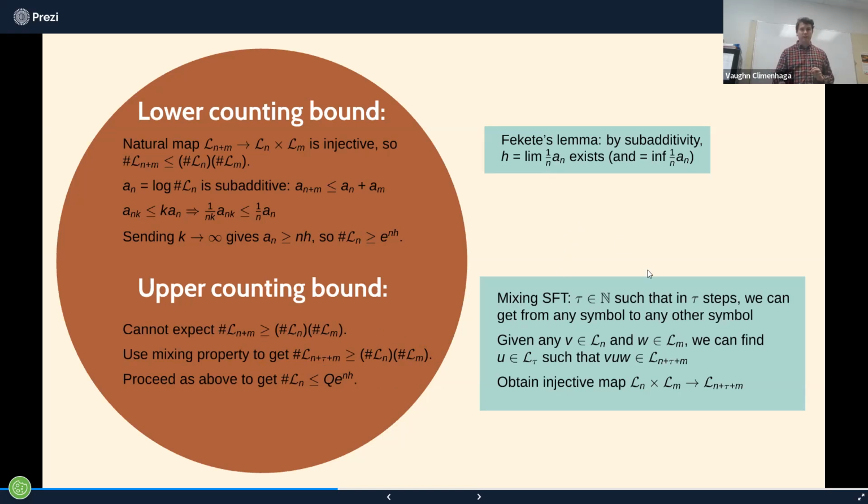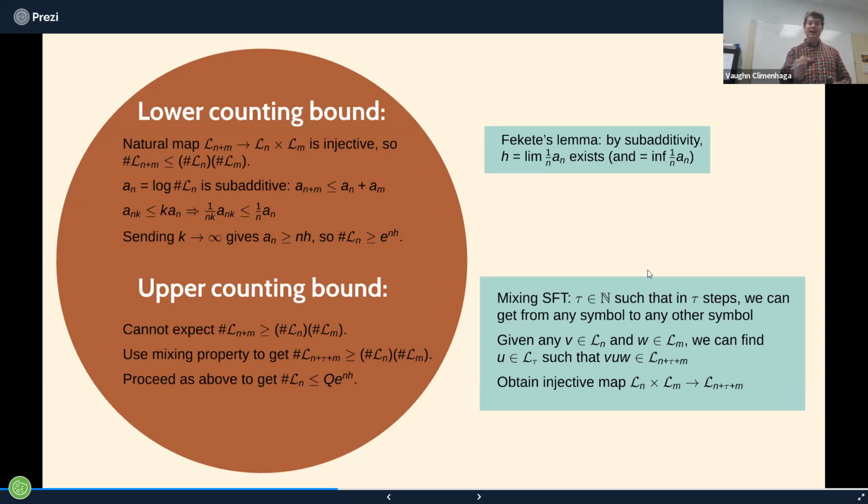And here's the property of mixing SFTs that lets you do it. Think of a mixing subshift of finite type as being given by a directed graph with finitely many vertices. The fact that it's mixing means that there is a certain natural number tau, such that if you give me any initial symbol and any other symbol, and you tell me to start on the initial symbol and get to the other symbol in exactly tau steps along this directed graph, I'm able to do it. There's also a way of writing that down in terms of the transition matrix.